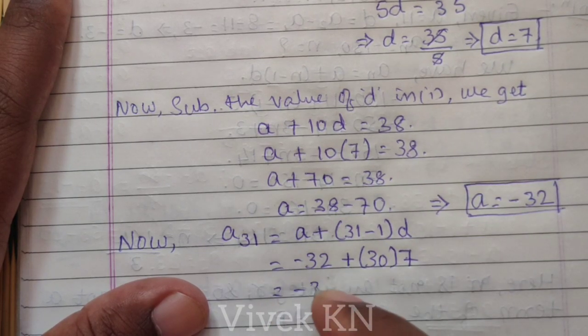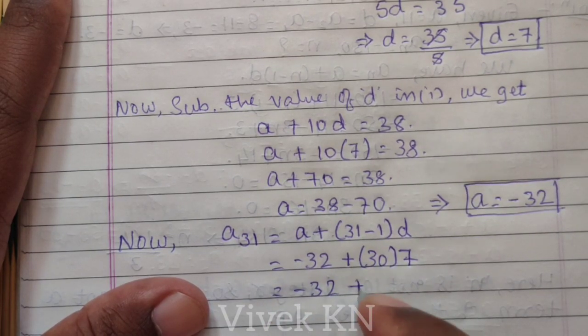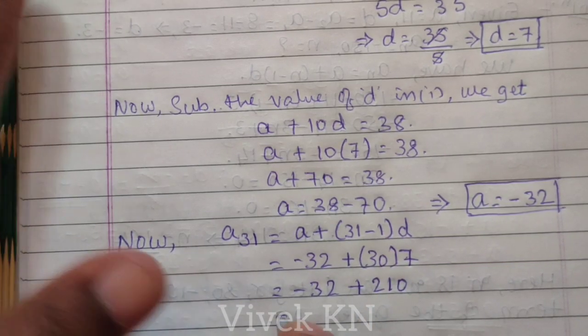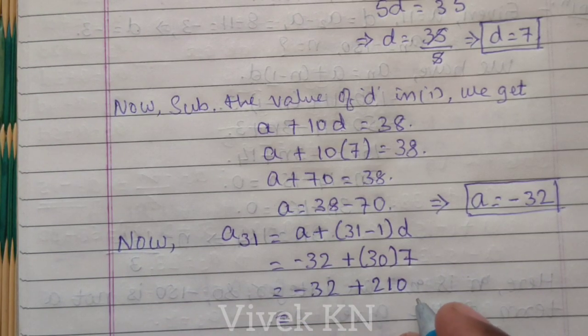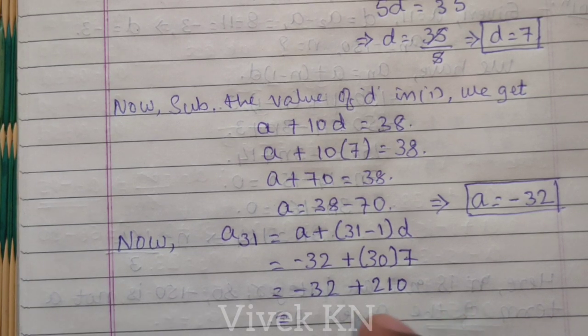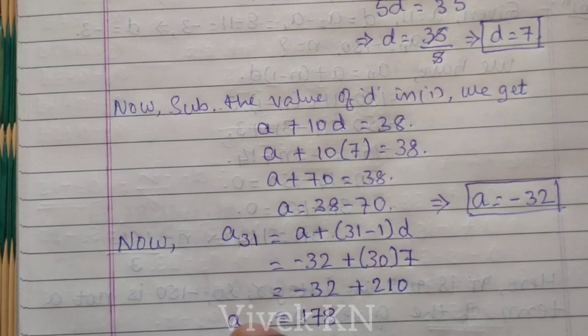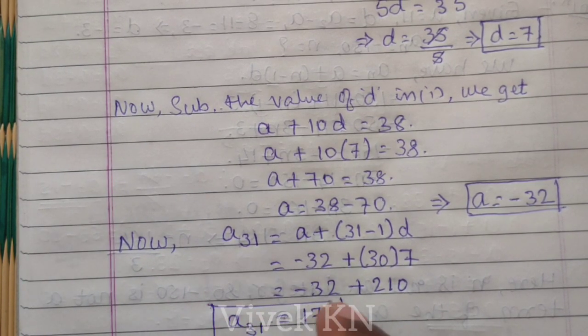So it is equal to minus 32 plus 7 into 30, which is 210. Now subtracting these two terms, we can easily get the value of a31, that is 178. 178 is the value of the 31st term of the arithmetic progression.